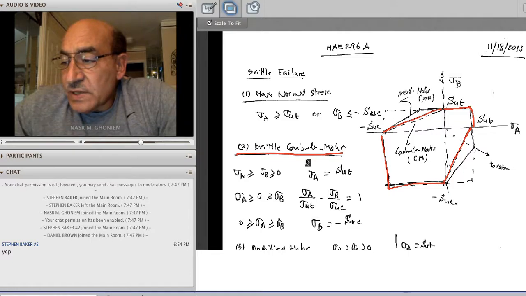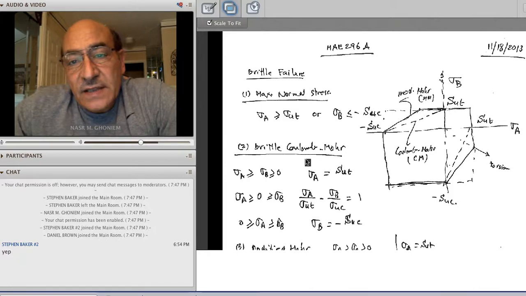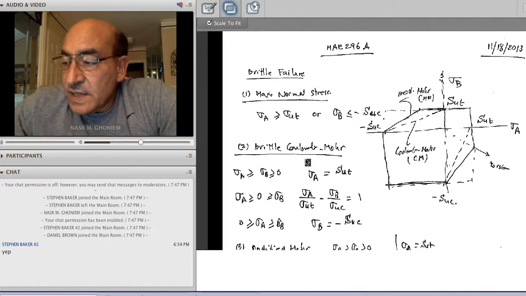Now, the problem with the brittle Coulomb-Mohr is that it is not taking advantage of the fact that the material is actually strong in compression. So in order for us to take advantage of this, we can modify it and extend the failure zone a little bit more into the compression region.